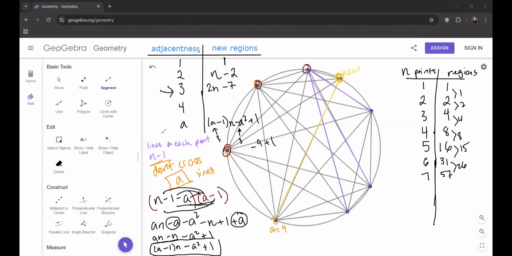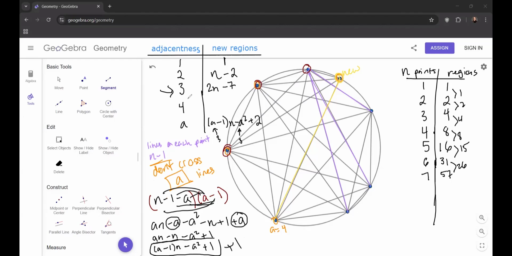Oh, this was all about the lines we were crossing, and I forgot I need to add 1 to give me the number of new regions. So instead of plus 1 there, that should be plus 2 for the number of regions. So this formula is the number of lines I cross. 1 more than that is going to be the number of new regions that is created.